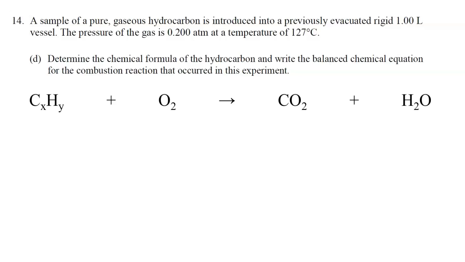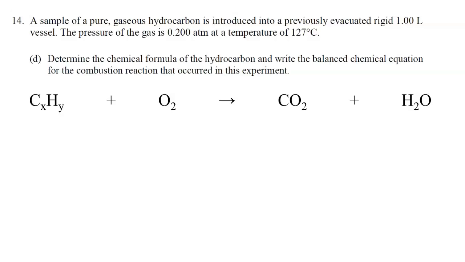Now, initially, you might think this is impossible because we don't know anything about the chemical formula of the hydrocarbon. I've just written CxHy as x and y are unknown numbers for the subscripts of the chemical formula of the hydrocarbon. We know that a chemical reaction occurred with oxygen and the hydrocarbon producing carbon dioxide and water.